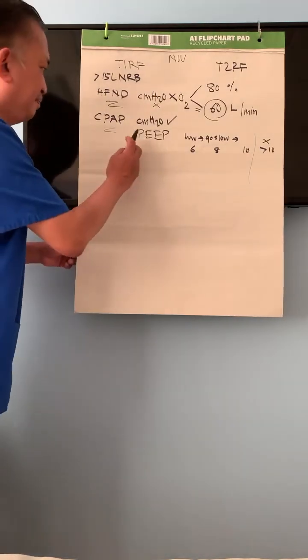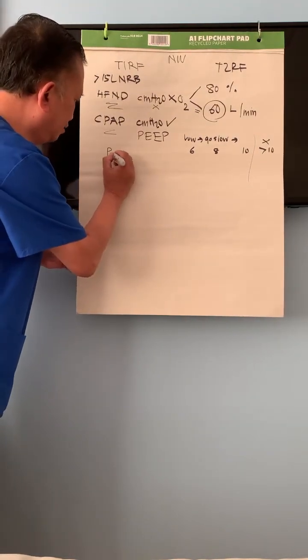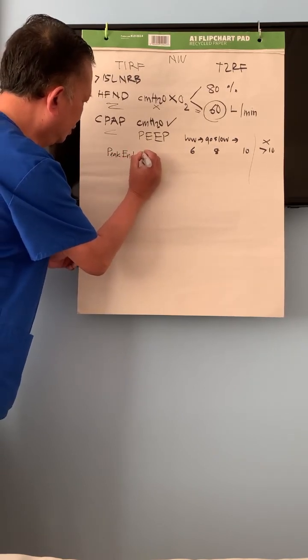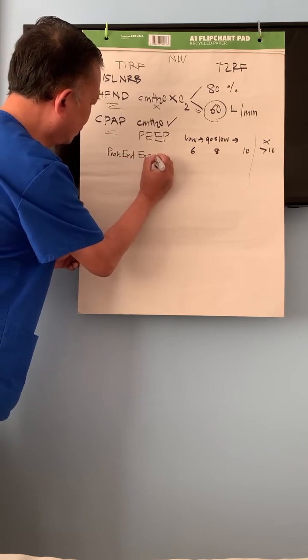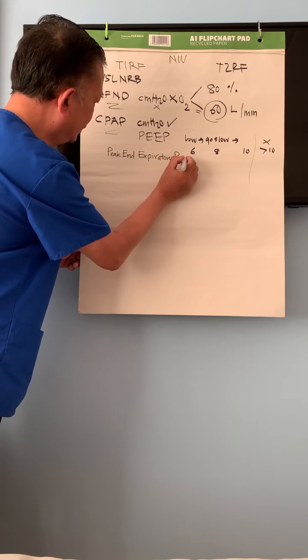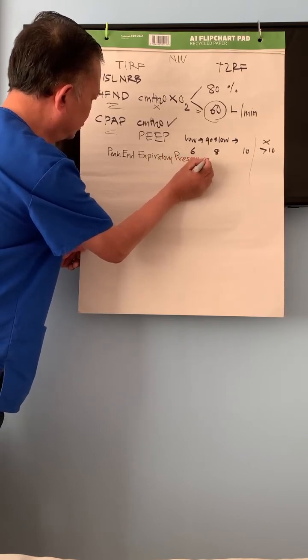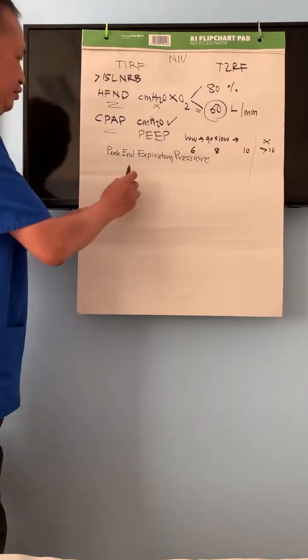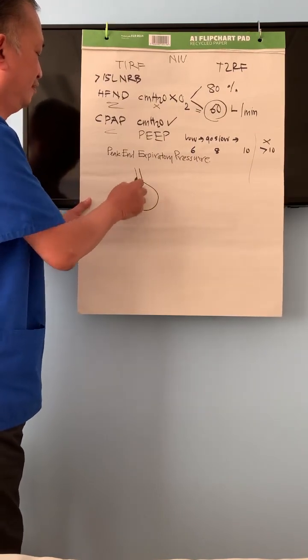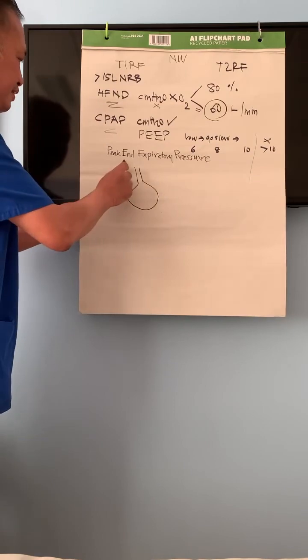PEEP. What does it mean, PEEP? Positive end expiratory pressure. So this is a small airway. This is the alveolus. This is the lung.